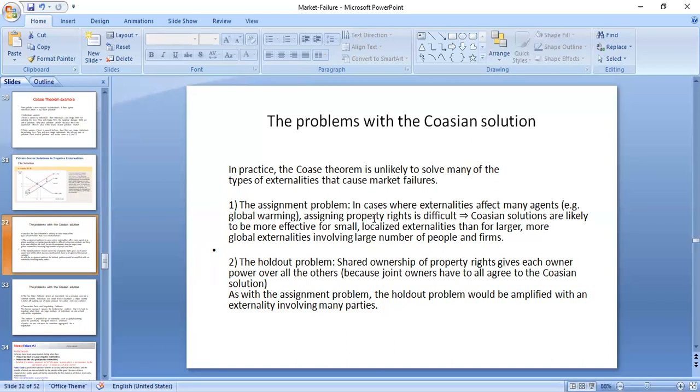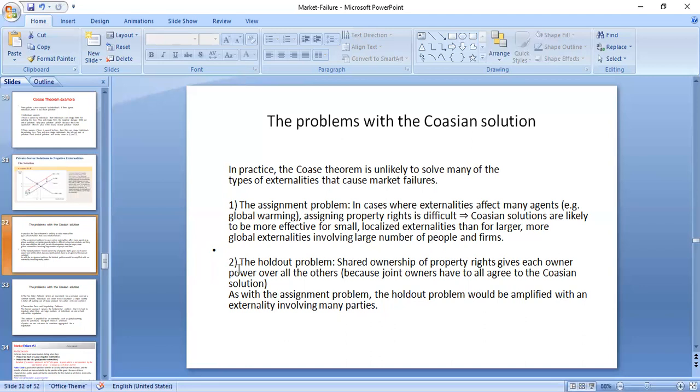For example, we look at pollution, where we see global warming. There are many factories and industries around the world, and at the end of the day, how are they going to negotiate? What if there are many polluting farms and many people suffering the pollution around the world? How is that theory actually going to happen when we have multiple parties experiencing the problem of negative externalities?